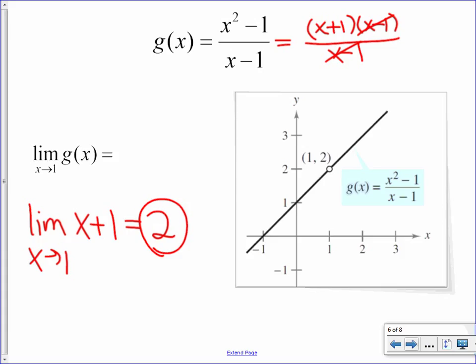Wait, so on the piecewise ones, you plug it in, on these ones, you just have to know the graph. On this one, we did everything algebraically. We don't need the graph. We have a rational function. We could reduce it. Once it's been reduced, we can use direct substitution.